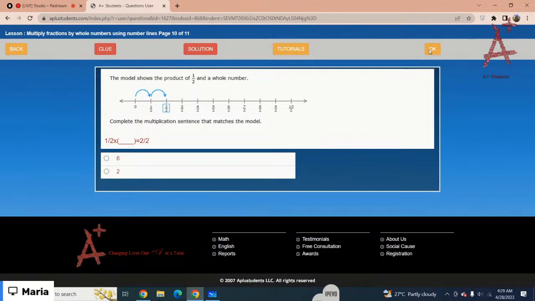So which number is missing? Yes, that is 2.